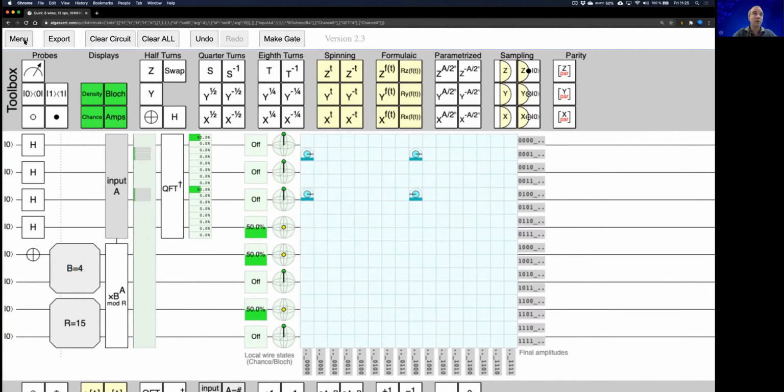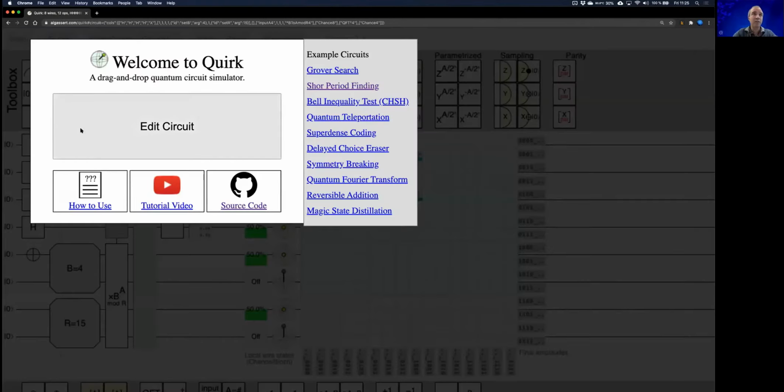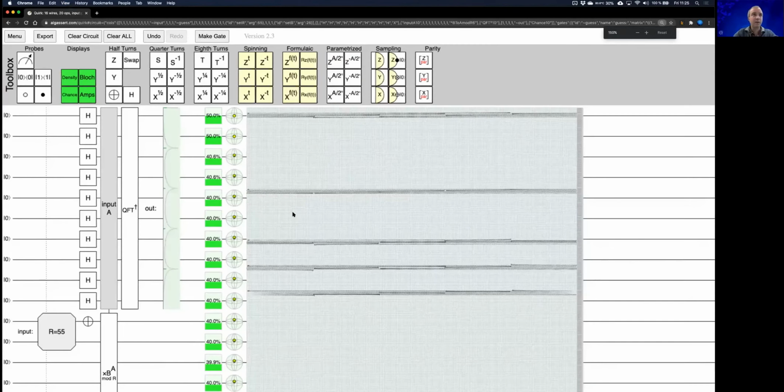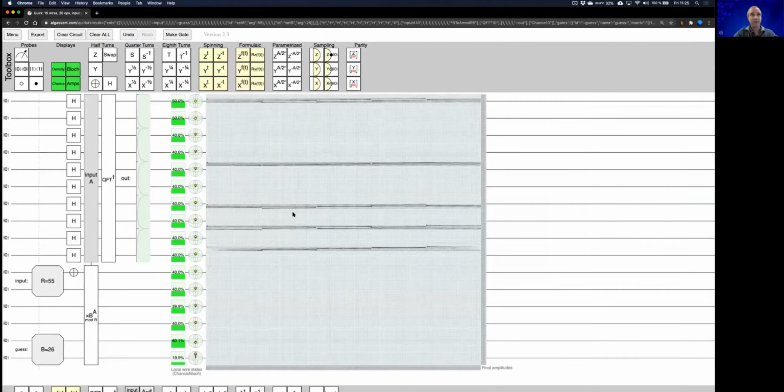There is also another link in the slide, for the case that is already implemented as an example here in Quirk, in which we have N, the number that we want to factor, equal to 55, and the value that we call A equal to 26.